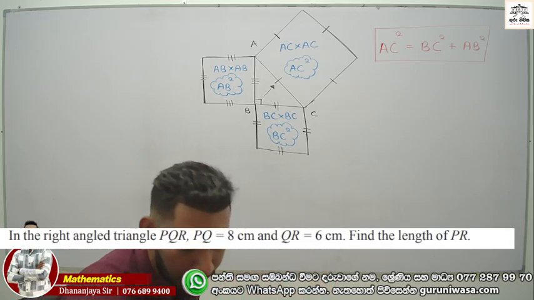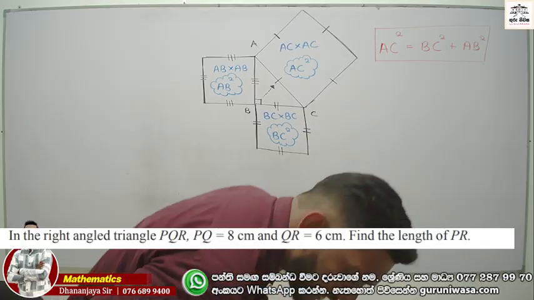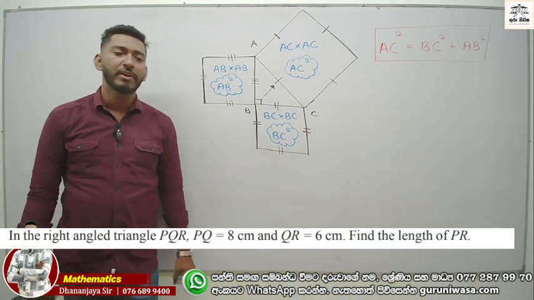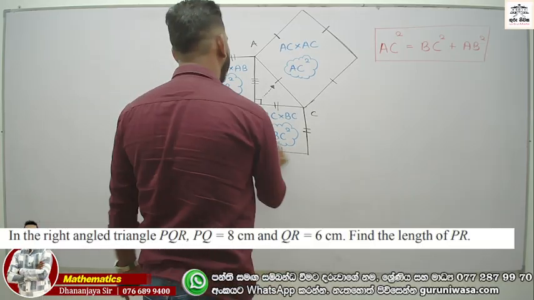Now look at this. This is example number 1. In the right angle triangle PQR, like this.